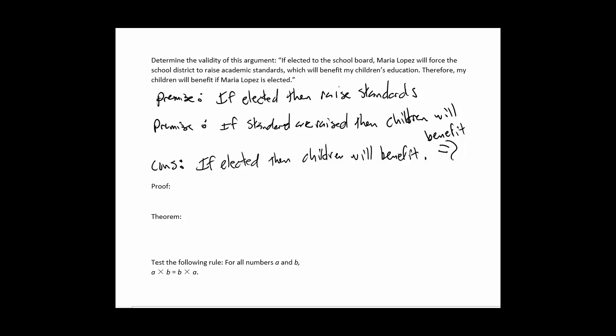Now, because of this idea of a chain of conditionals, that's actually a valid argument. It may or may not be true, but it is a valid argument. If we accept those two initial premises as true, then the conclusion based off those premises also has to be true.